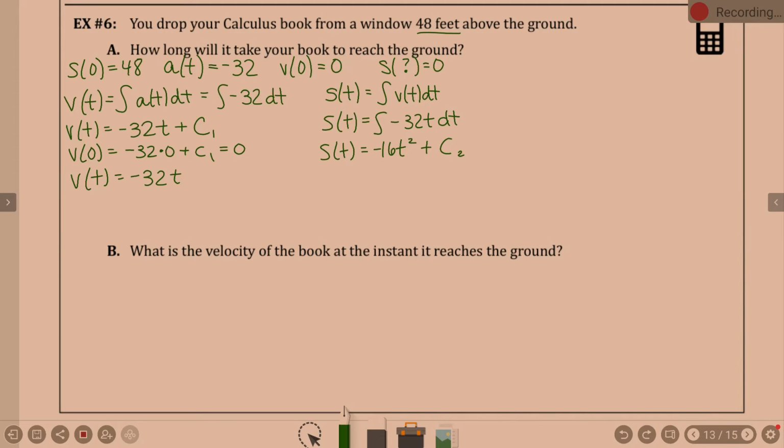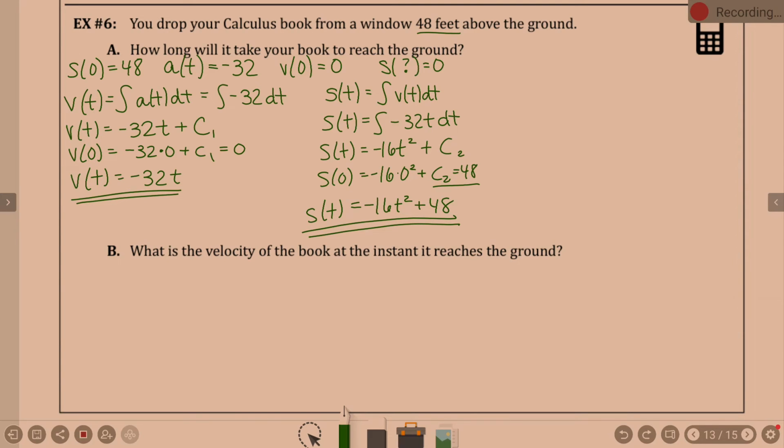But this is officially as you're plugging in 0. And so we know c is 48. So my position function is negative 16t squared plus 48. So we got a position function after we found a velocity function.